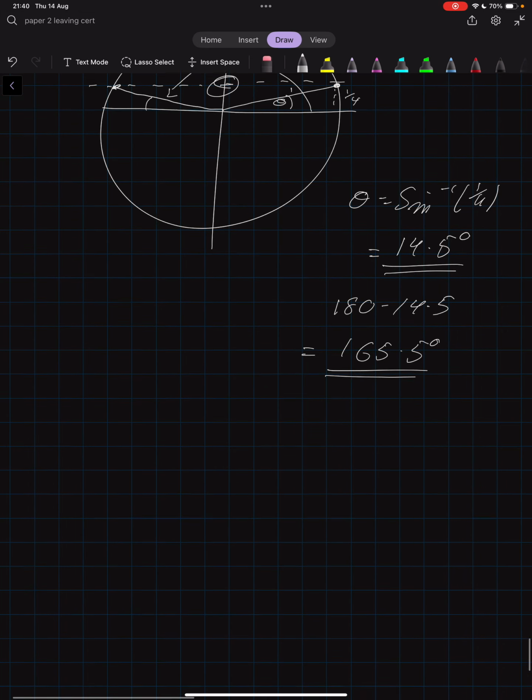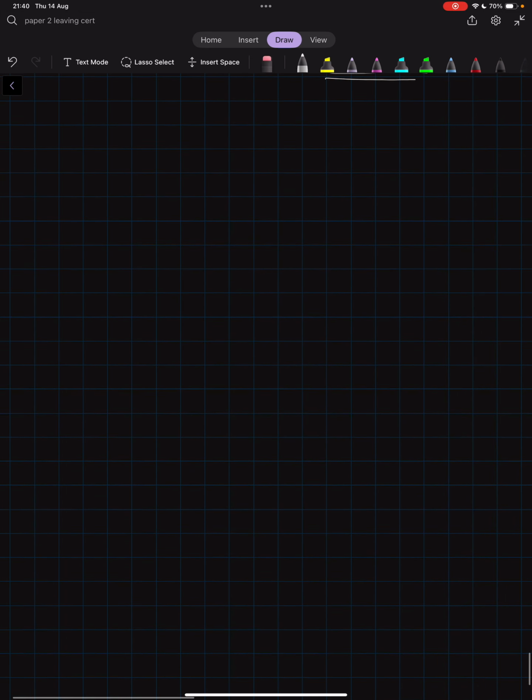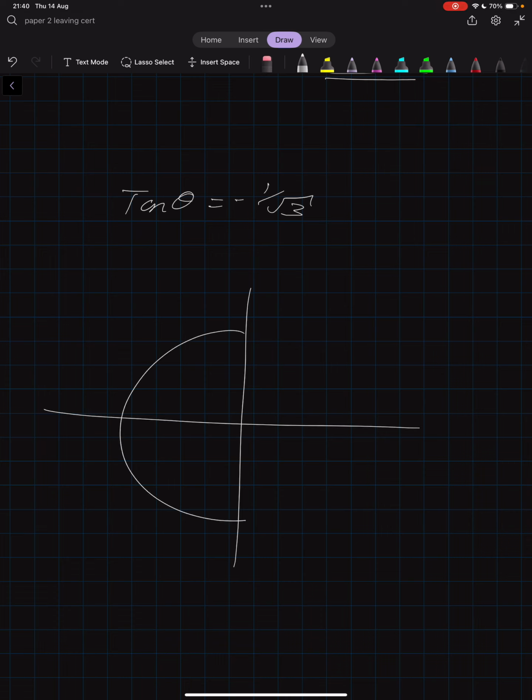And finally, if they wanted tan theta to equal minus 1 over root 3, again unit circle, tan is the opposite over the adjacent. So again, it's minus. It looks something like this. So it's theta and theta.